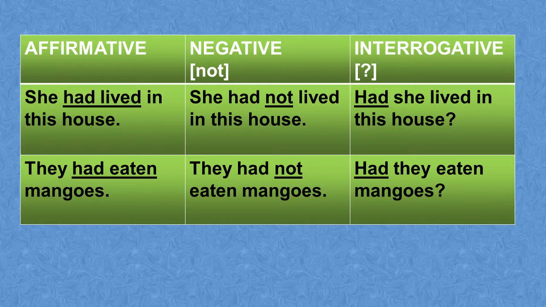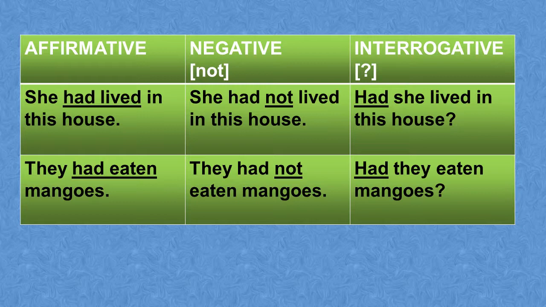Second, they had eaten mangoes. Second is negative sentences in which we add not. Example, she had not lived in this house. Next, they had not eaten mangoes.